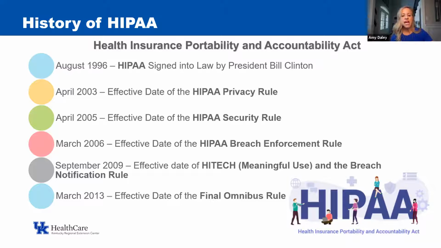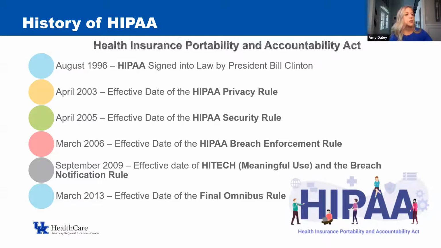Then in 2009 came the HITECH rule. The primary goal of HITECH was to compel healthcare authorities to implement the use of EHRs, and it introduced the Meaningful Use Incentive Program. And then the final rule that we've seen prior to the new proposed rule for modifying the privacy rule introduced this year, the last one we've seen in effect, was the final omnibus rule.